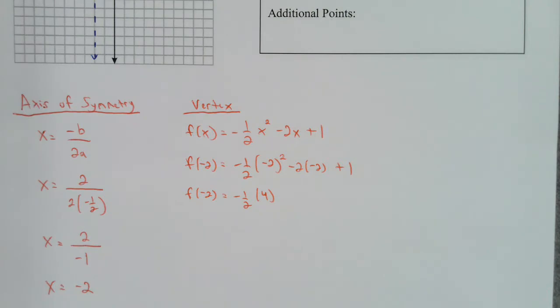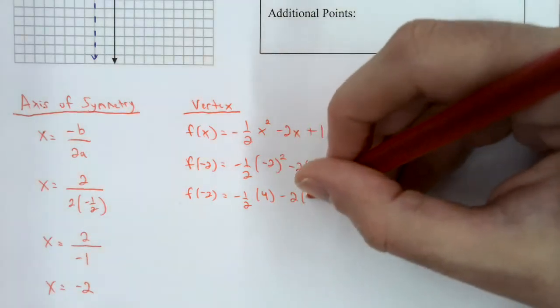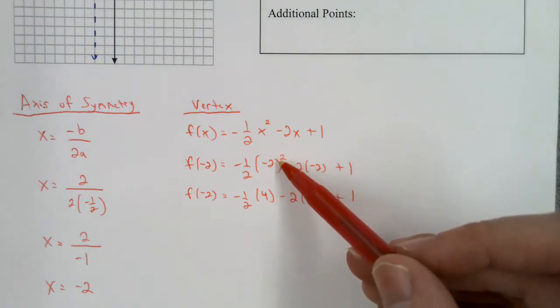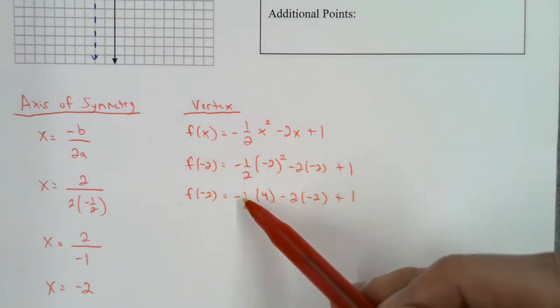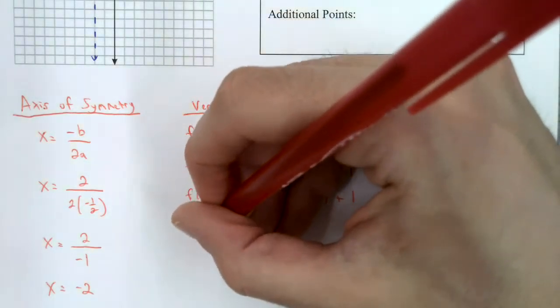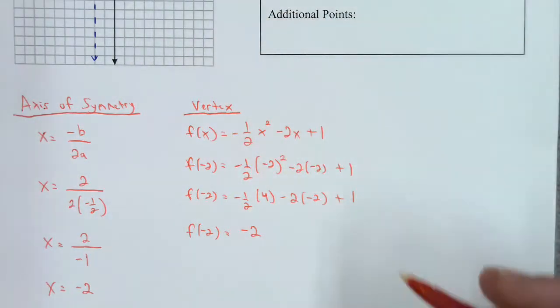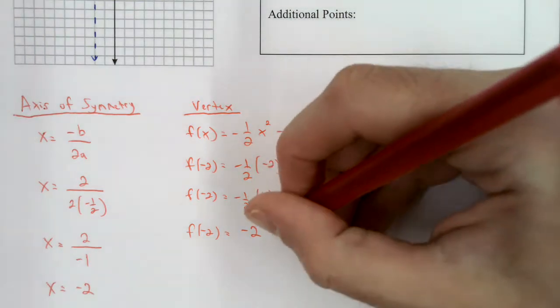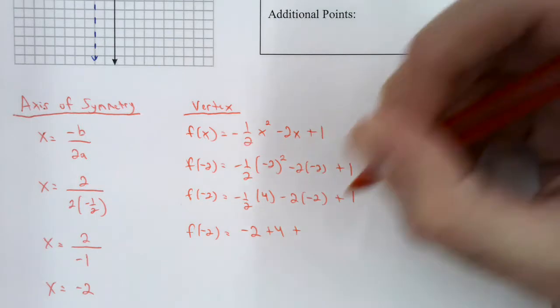You got to do the exponents first. And now you can do -1/2 times 4. That's -2. Minus 2 times -2, that's plus 4. And then the plus 1.